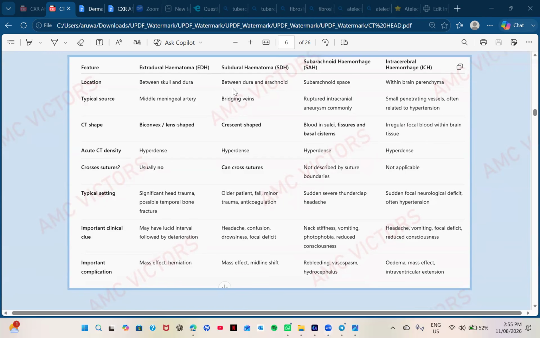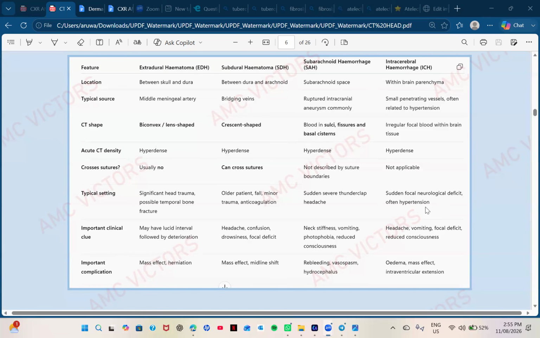Usually in elderly patients, after falls, and alcoholic patients, and patients who are using anticoagulation drugs. We have two types of subdural hematoma. What are these two types? Acute subdural hematoma and the chronic one.